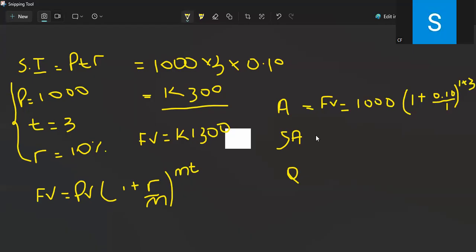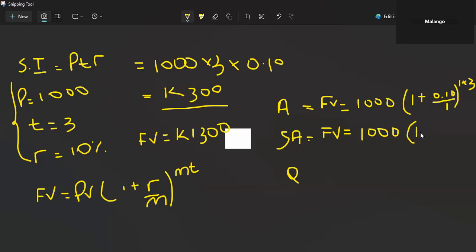So semi-annually, what's the difference when you do it here? The same figures, but what will be the difference? The M. What will be our M in this case? Semi-annually means how many times are we earning interest?